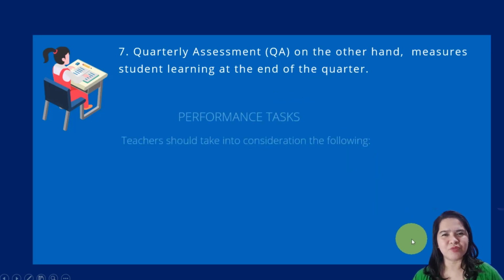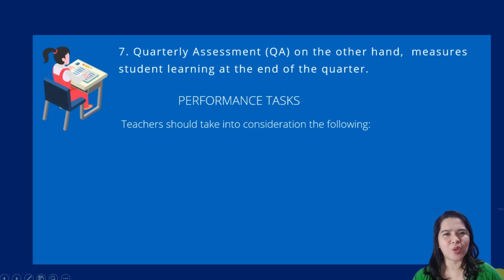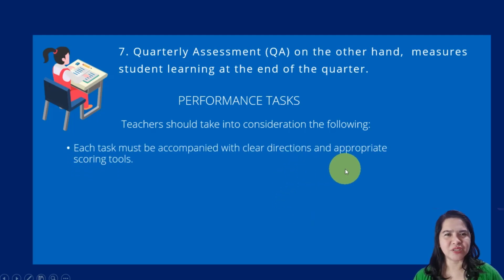With regards to performance tasks, DepEd Order Number 31, Series of 2020 highlighted that teachers should ensure that each task must be accompanied with clear directions and appropriate scoring tools. For example, we need to have checklists, rubrics, rating scales, and the like to help learners demonstrate their learning.